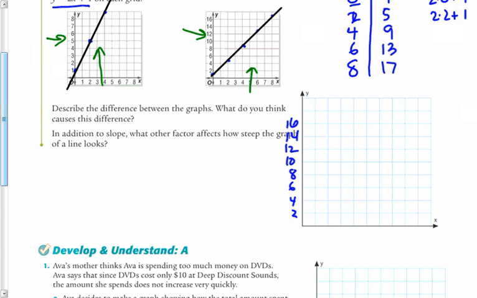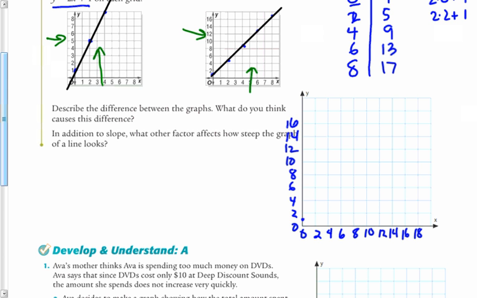And what I'd like to see is a lot more run for the rise. And to do that, what if we went by 2s here also? So we go 2, 4, 6, 8, 10, 12, 14, 16, 18. Okay, now I'm going to graph the same exact points again. 0, 1, which is right there.